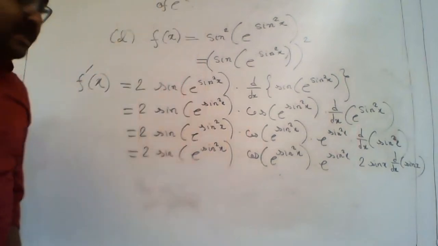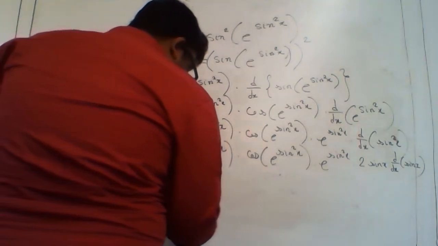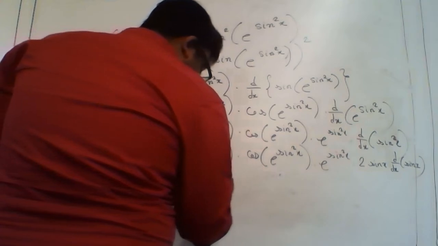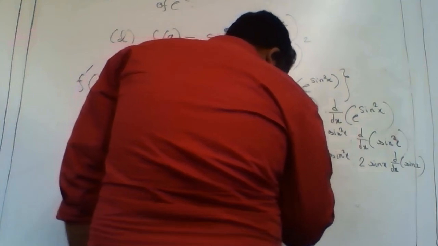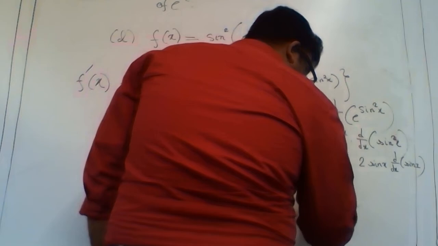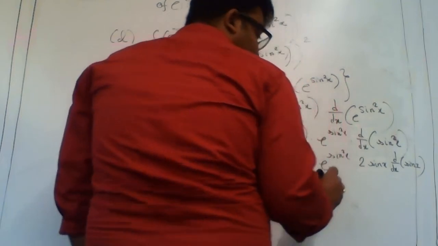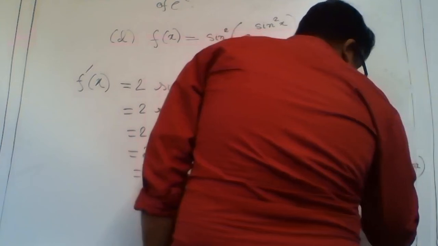So in the last step we'll have 2 sine of e to the power sine square x times cosine of e to the power sine square x times e to the power sine square x times 2 sine x times cosine x.